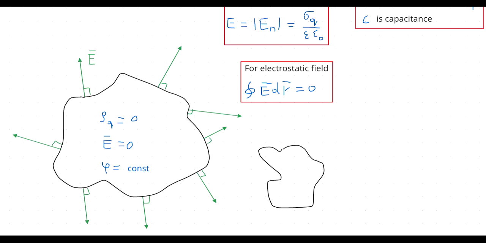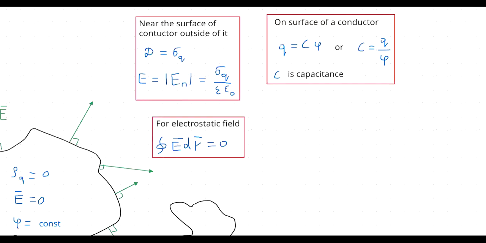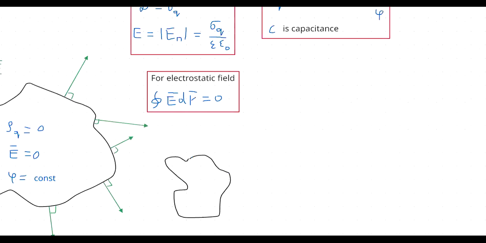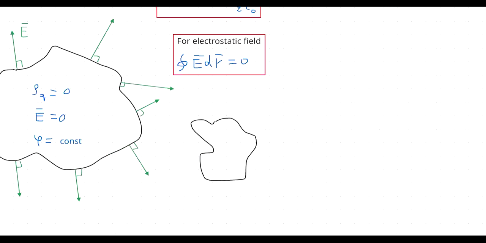This will lead to a change of capacitance of the conductor. So if we put some conductor near another conductor, its capacitance will change.